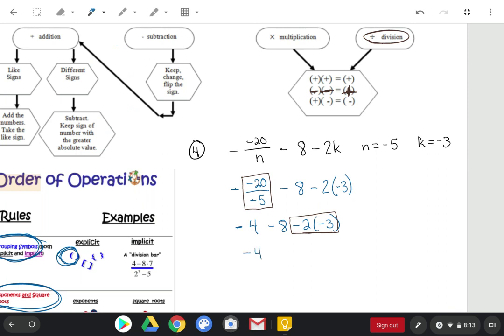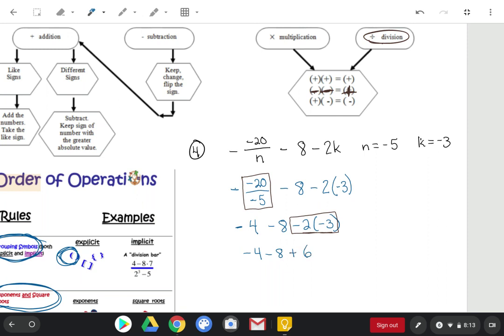I'm going to copy down the negative 8. Guys, negative 2 times negative 3 is a positive 6. And because of the way I did this problem, I am going to have to include that positive in front, positive 6. That positive sign is also acting as my operator.